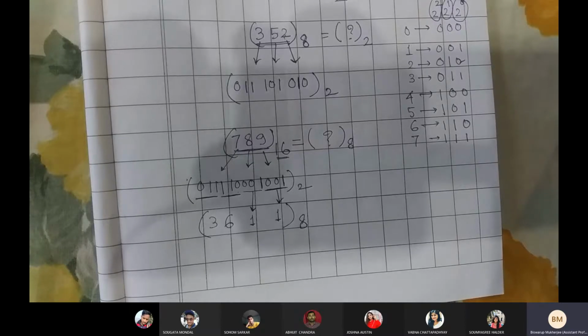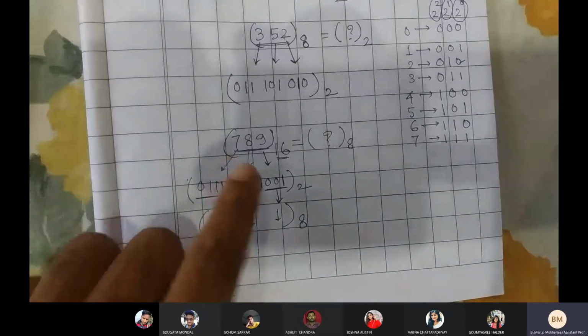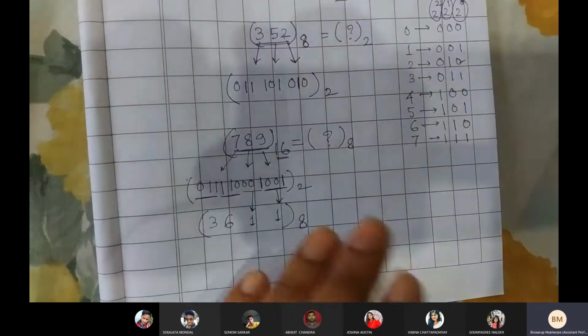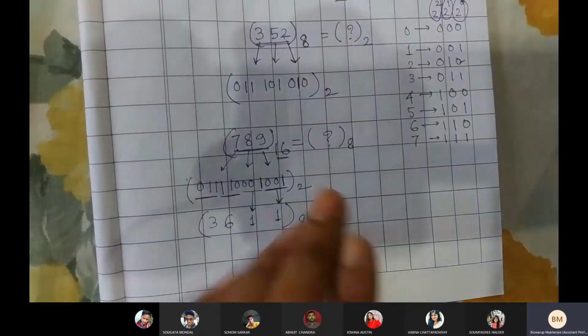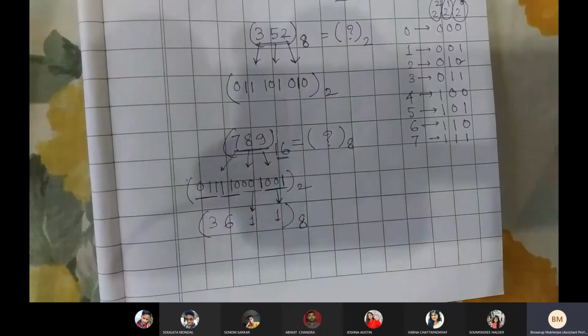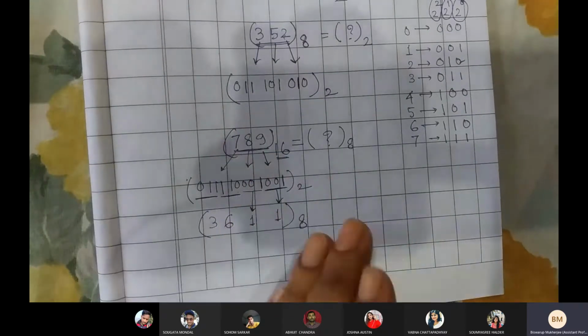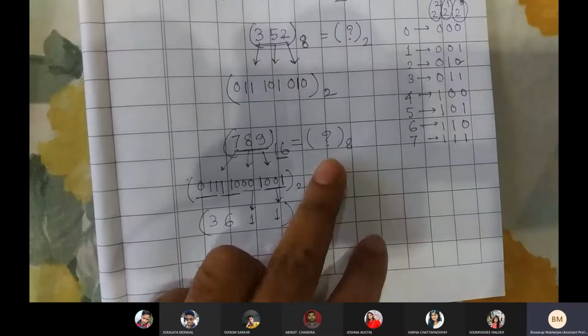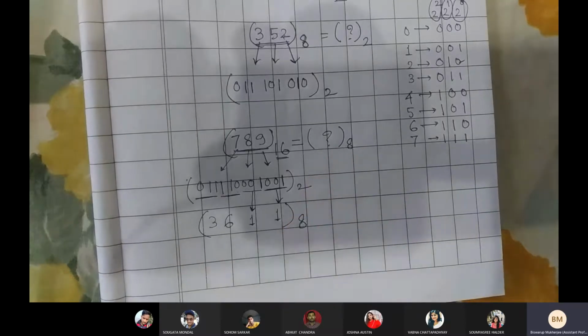If you are being asked to show the process of conversion, then you have to go for the conventional process. That means you have to convert this hexadecimal number into the corresponding decimal number by making 16 to the power 0, 16 to the power 1, something like this. And then you have to convert that entire decimal number again into the corresponding octal number. That is the conventional process.